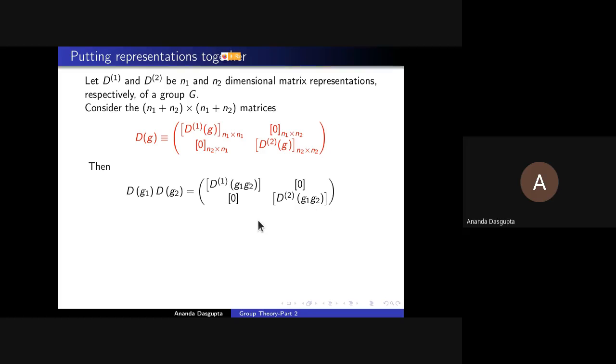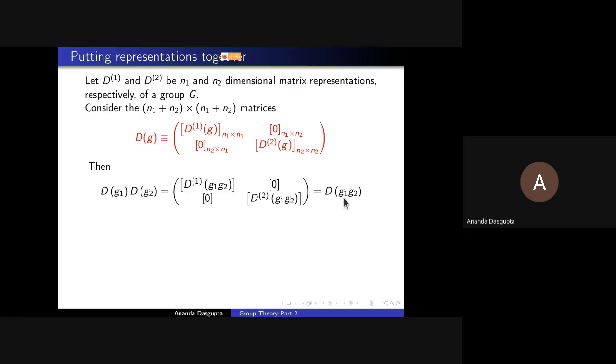So what we have is that if you multiply D(g1) by D(g2), you get D(g1 g2), which means that this bigger N1 plus N2 by N1 plus N2 set of matrices actually is also as good a representation as the smaller ones.